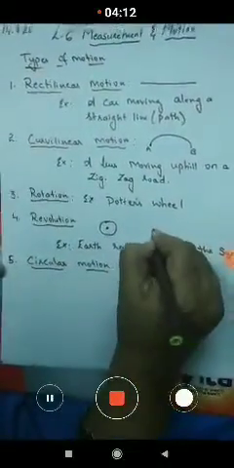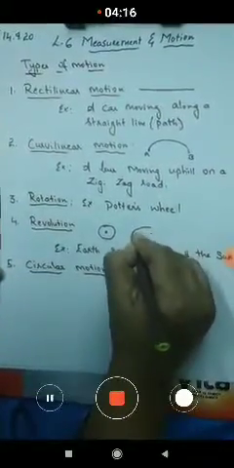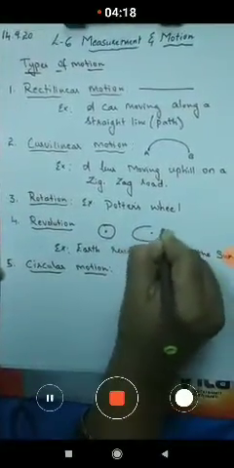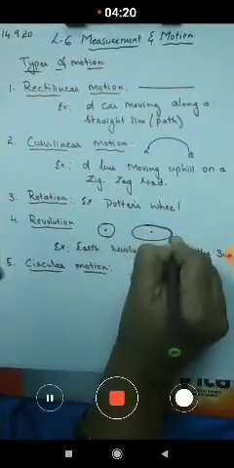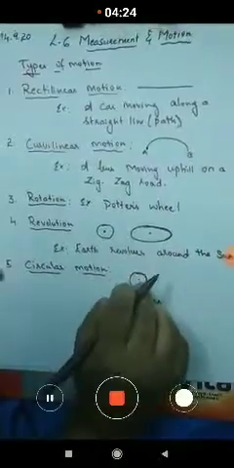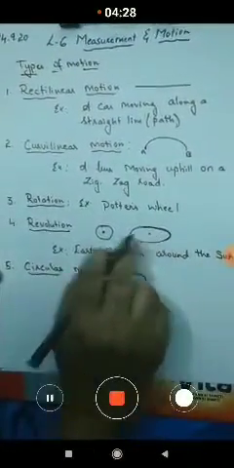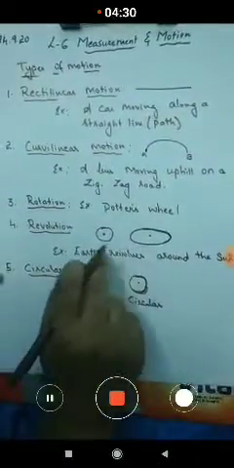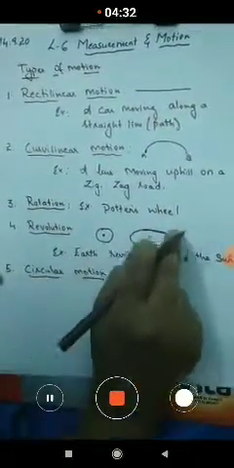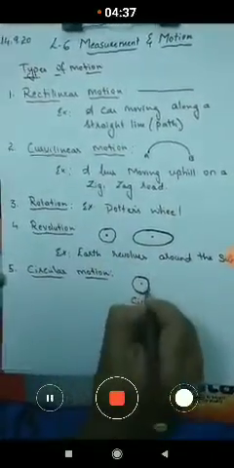Your earth revolves around a central point, that is the sun, in an elliptical manner. It is nearly not a circular path, but an oval shaped or elliptical one. Okay, so this is the difference. Here it moves in an elliptical manner and there it moves in a circular path.